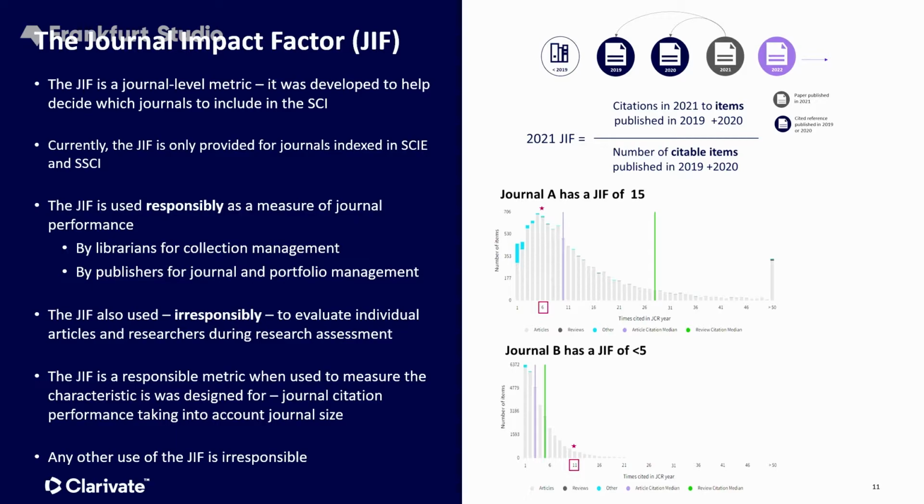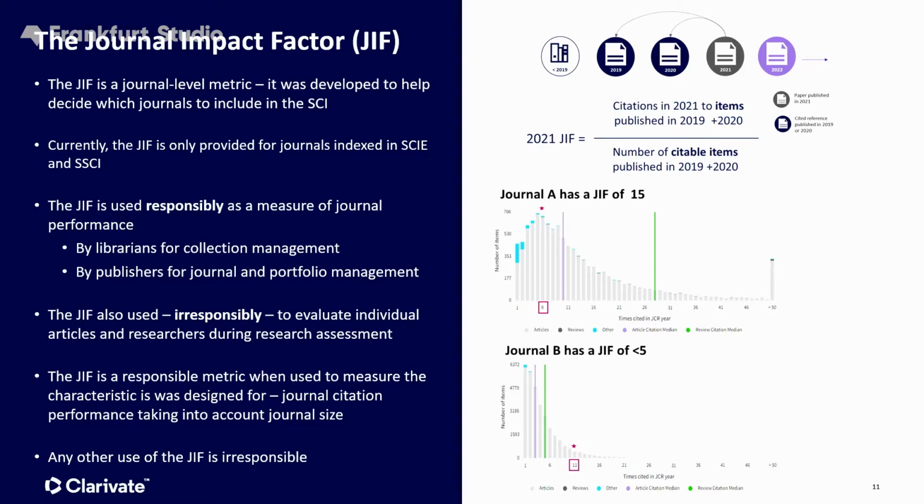And it makes absolutely no sense that a researcher would get more credit for publishing in Journal A with a JIF of 15 when that particular article has been cited 6 times than a researcher that publishes in Journal B with the lower JIF when that particular article has been cited 11 times.